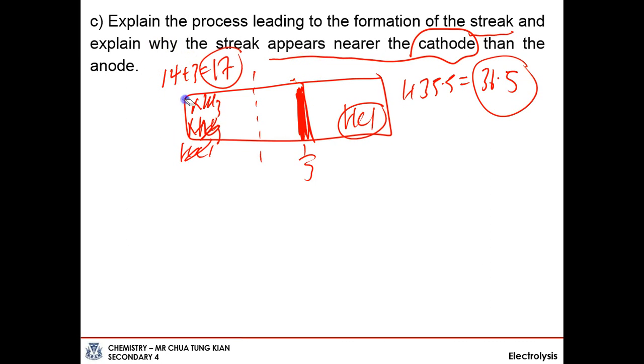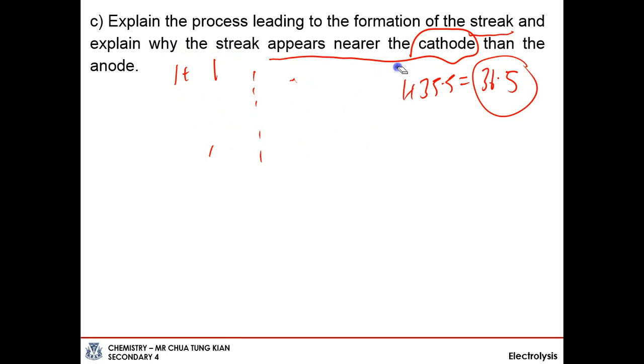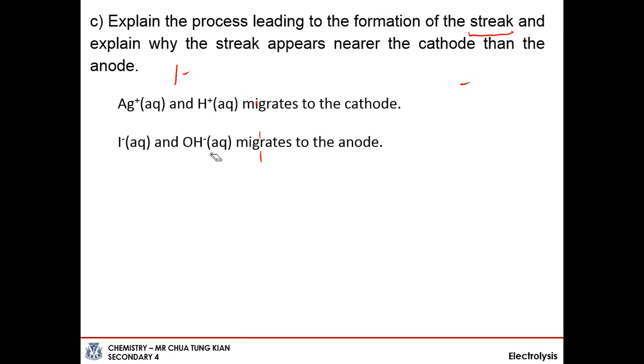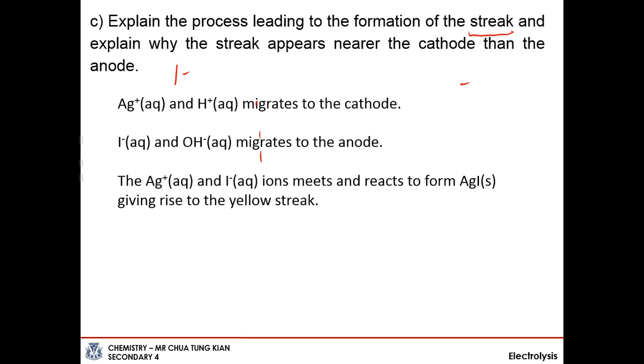So similarly to this question, we know that both Ag plus and H plus migrate to the cathode. We know that I minus and OH minus migrate to the anode, and somewhere along the way, Ag plus and I minus meet and react to give you AgI, which is the yellow streak.